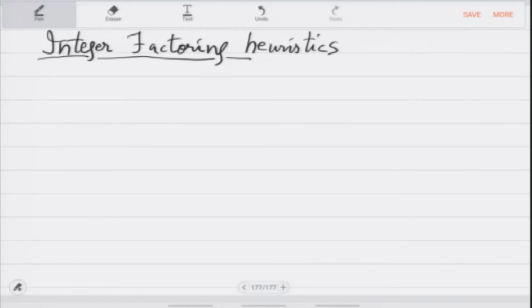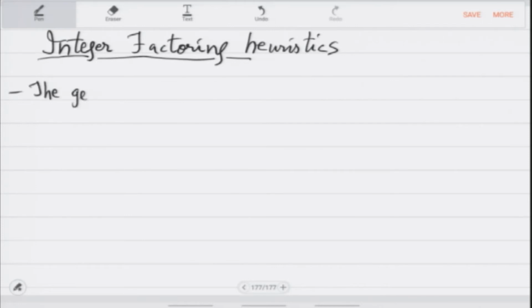The formal algorithms and formal analysis is currently missing. Even at the level of heuristics, these algorithms are not fast. But whatever there is, we'll study so that it gives you an idea of how possibly you can factor integers that are not too large.